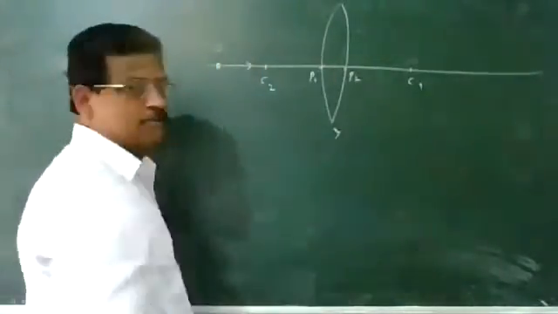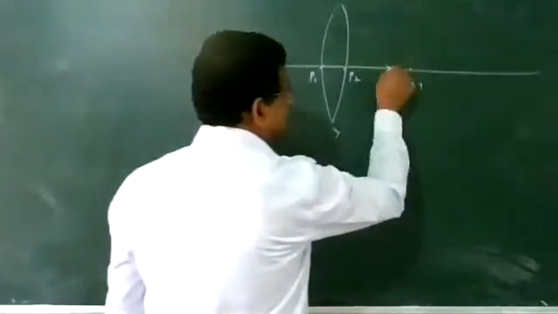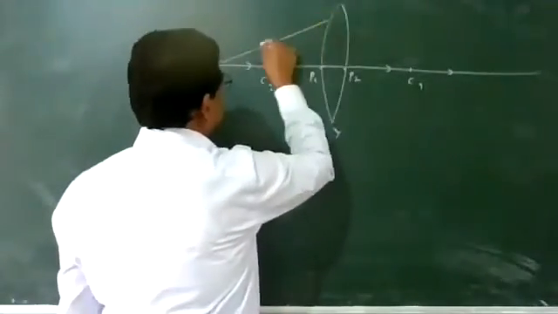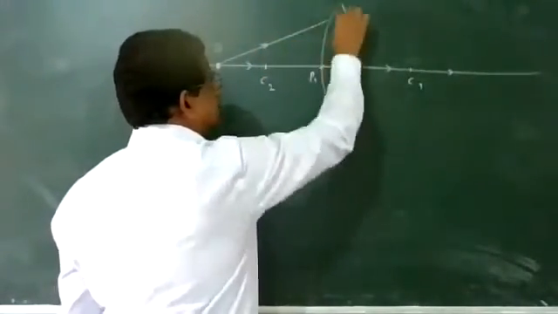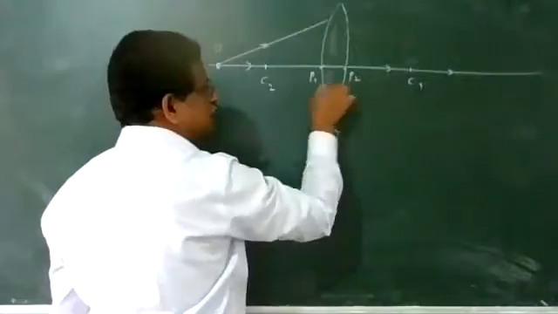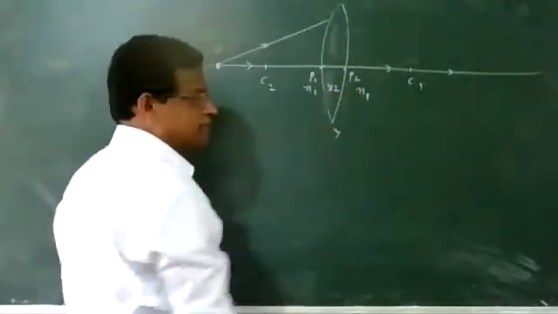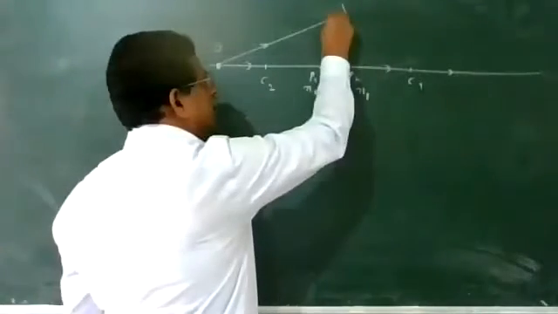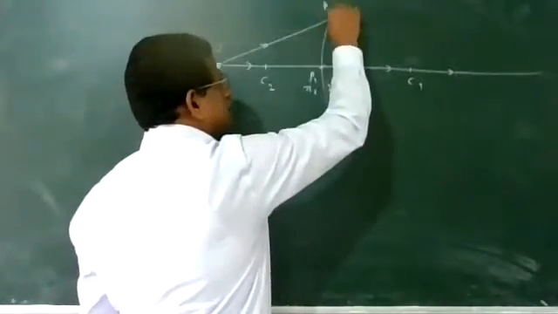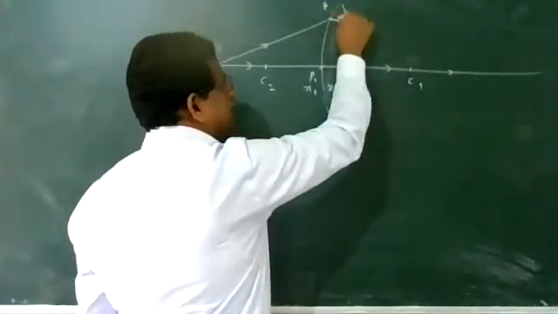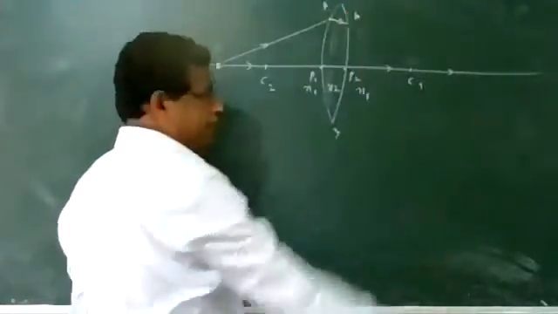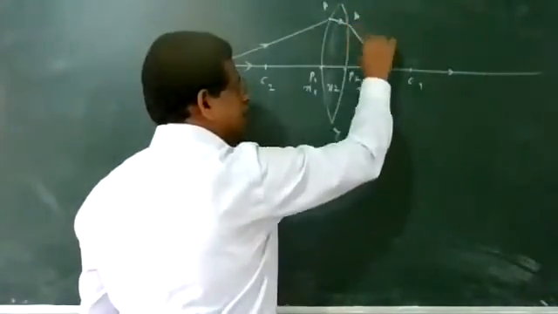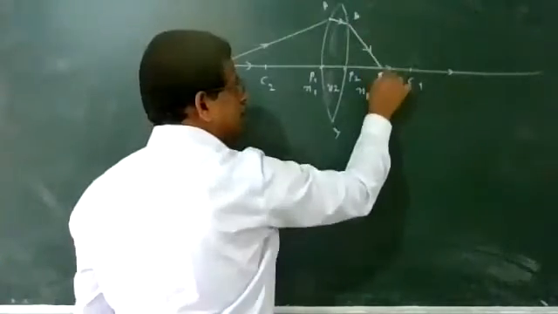First ray going along the principal axis goes without any turning. Other ray reaches the point A, and this is your medium N2, N1, N1. The rarer to denser refraction at point A, then along the normal it reaches point B. At point B from denser to rarer, it bends again, and the final image will be formed at the point I.